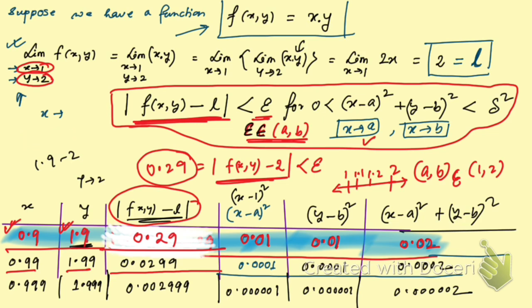Let me take a new slide, then you will understand better. So here you see, what was the definition? According to the definition, if L is the limit of this function of x comma y, then mod of f of x comma y minus L should be less than a positive number epsilon.